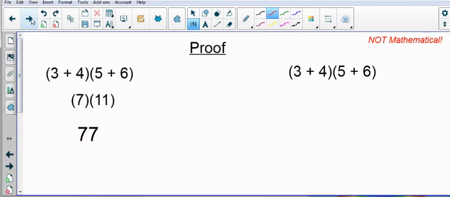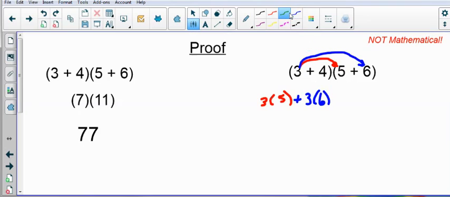All right, so now let's look at the other side. We're going to do the same thing we did with repeated distributive property, and we're going to take A times C, that's 3 times 5, positive times a positive. Then we're going to take A times D, all right? Positive times a positive is a positive. That's 3 times 6.